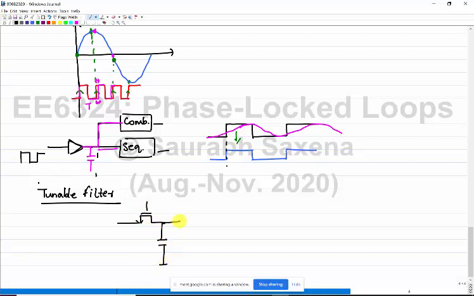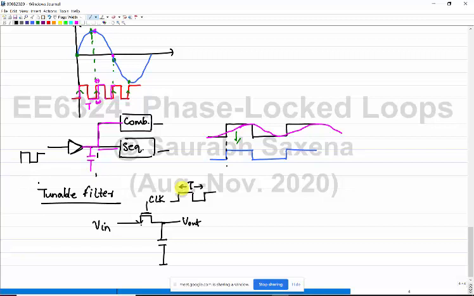This is just an example. You have here V in and you have V out, and this particular switch is clocked. So this switch is on and off with a certain time period.